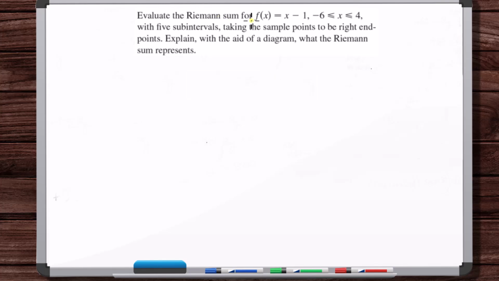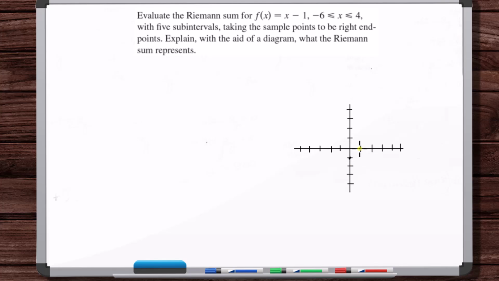It's saying here, evaluate the Riemann sum for this function along this interval with 5 subintervals using right endpoints. We don't have to draw the function, but let's go ahead and draw it. The y-intercept is at minus 1, and the slope is 1.